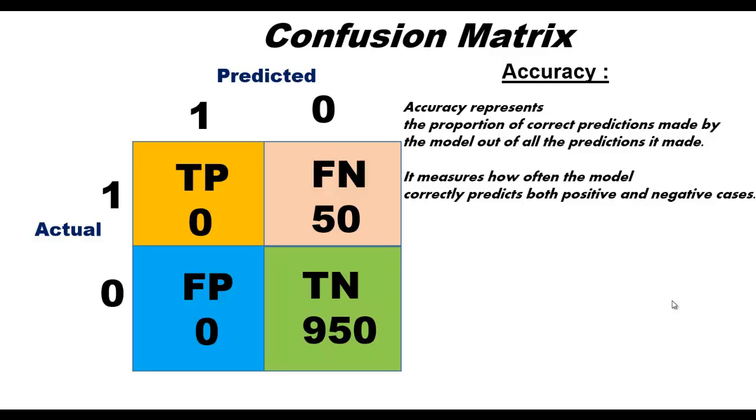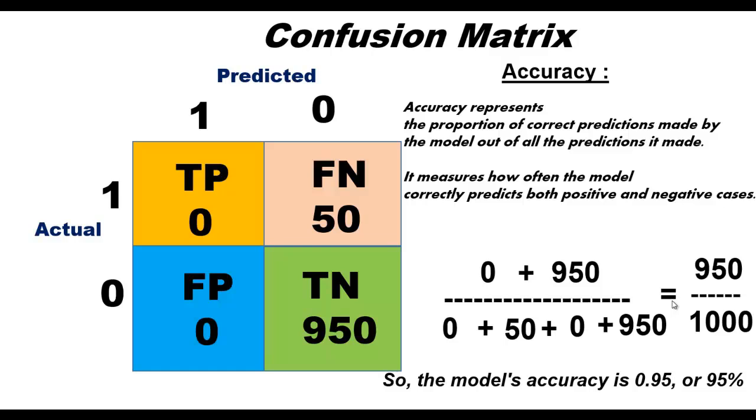Whatever input you give to our classifier, it always predicts not spam. Since only 50 out of 1000 emails are spam, this classifier would achieve an accuracy of around 95%, because you can see 950 out of 1000 emails are correctly classified as not spam.